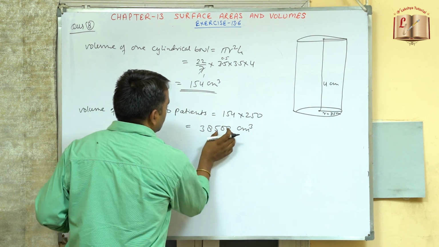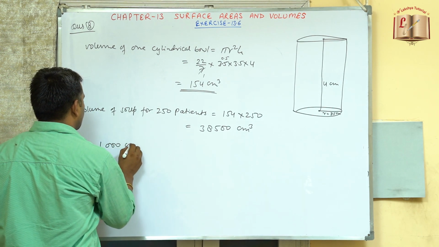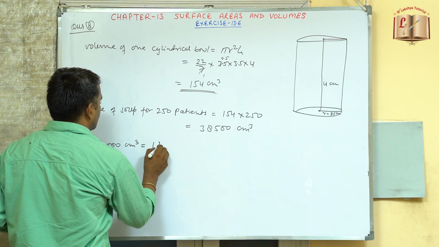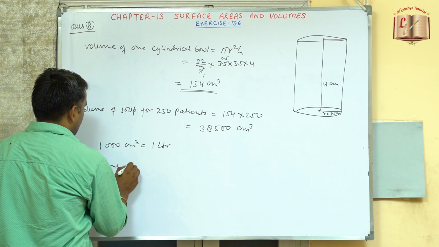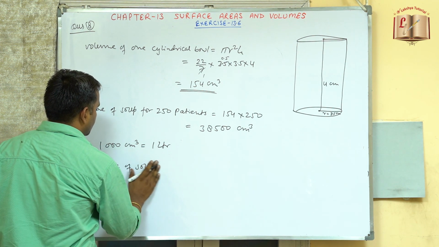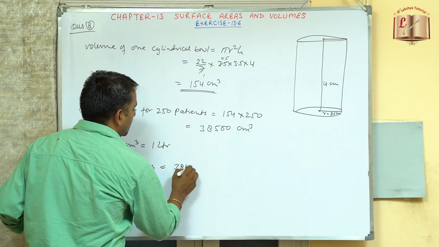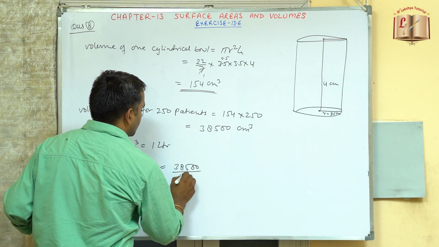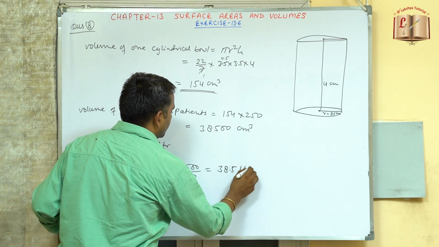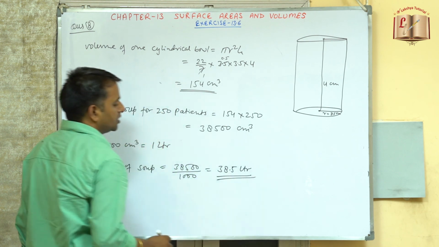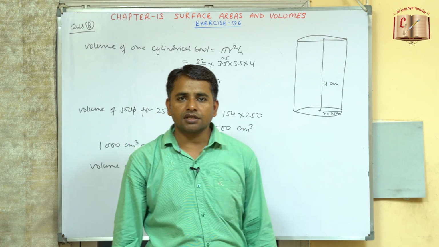Now in liters, if we want, 1000 centimeter cube is equal to 1 liter. Therefore volume of soup is 38500 divided by 1000, which is 38.5 liters. So this much volume of soup is required. With this we have finished our exercise 13.6.